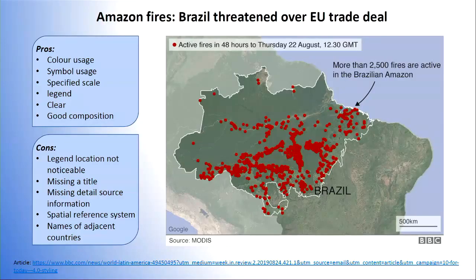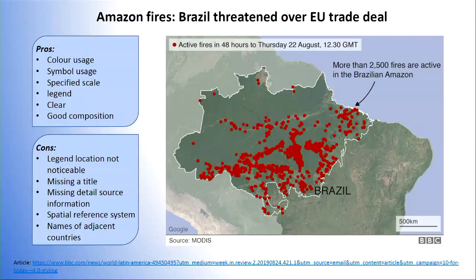More Amazon fires. I found an article from BBC News about the massive fire in the Amazon rainforest last week. The article contains a map of the active fires in the Brazilian Amazon. Some information is properly referenced.